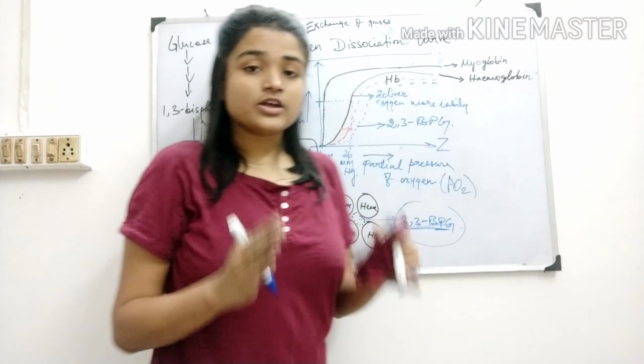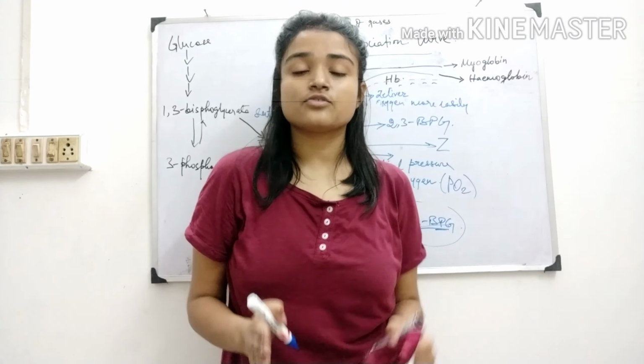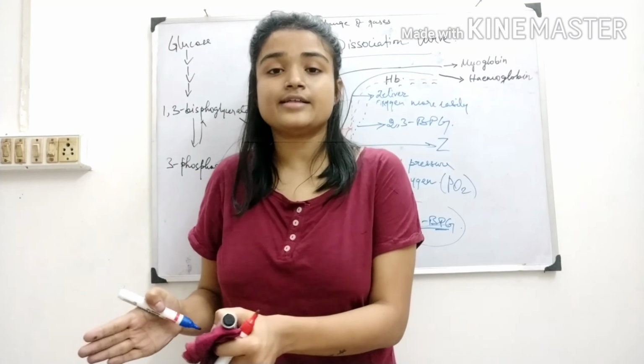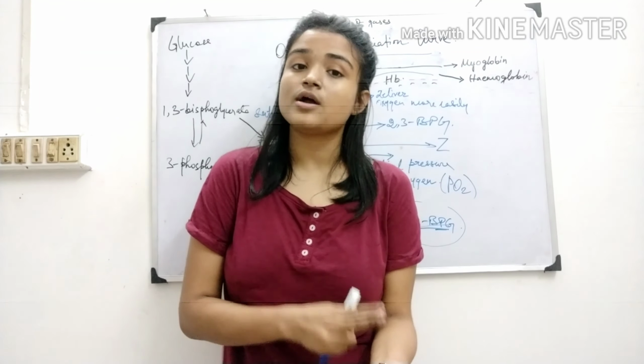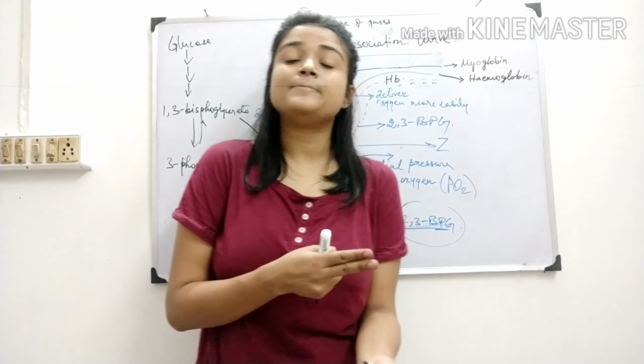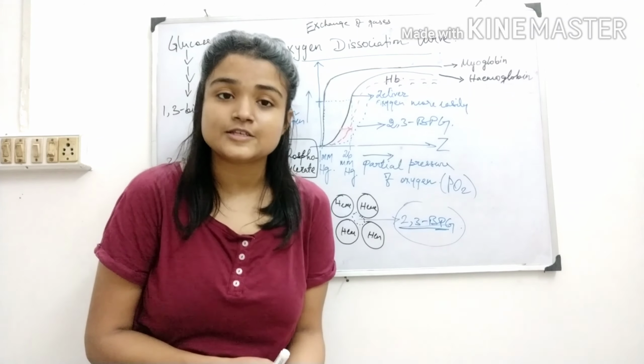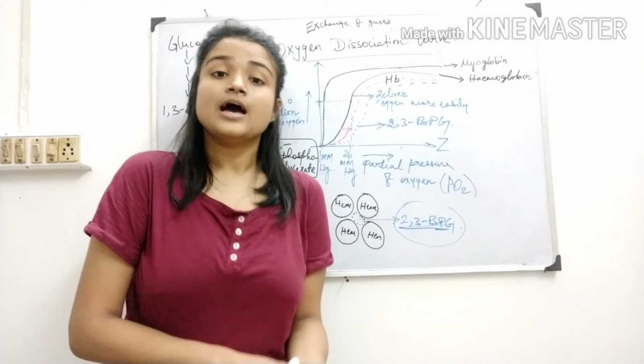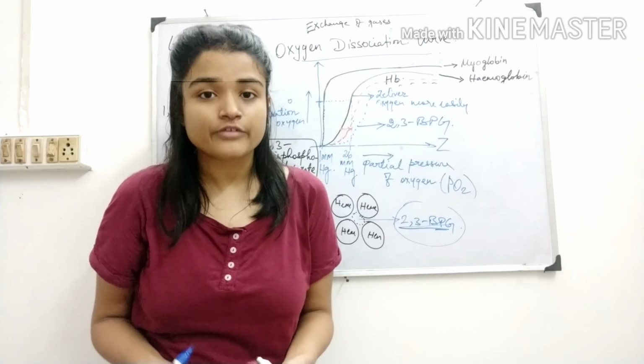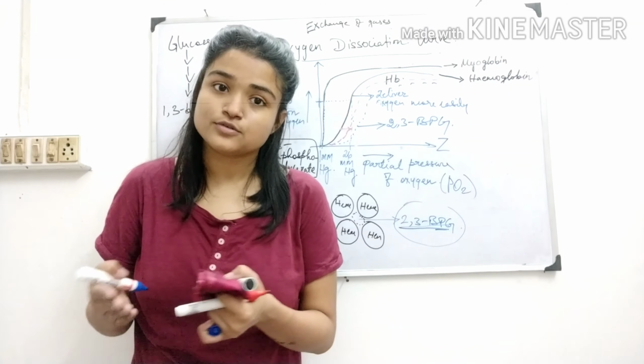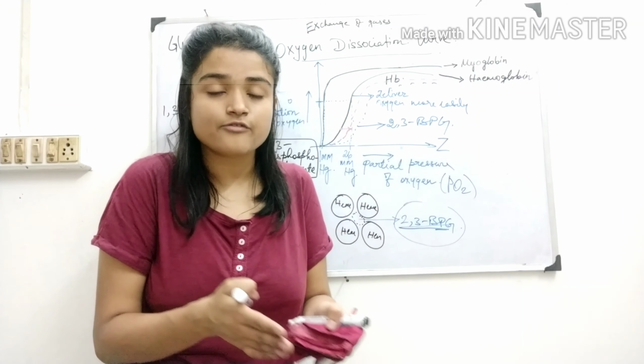This shifting of the oxygen dissociation curve towards the right can be due to two reasons. One is the Bohr effect. When the pH of the environment is decreasing, that is, it is becoming acidic, the affinity of hemoglobin towards oxygen is also decreasing, so it shifts the curve towards the right.